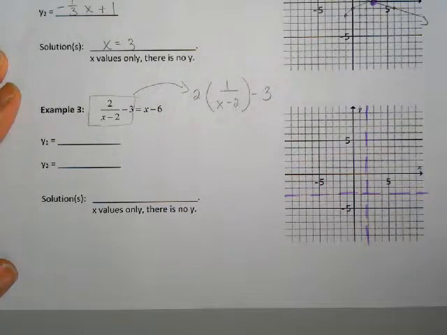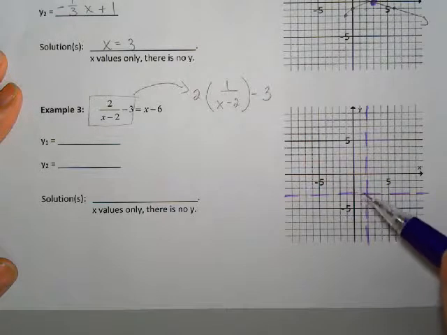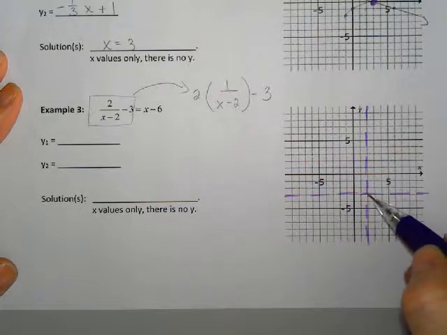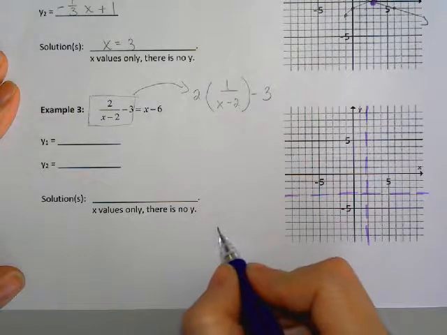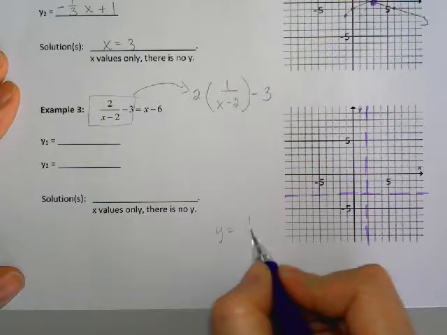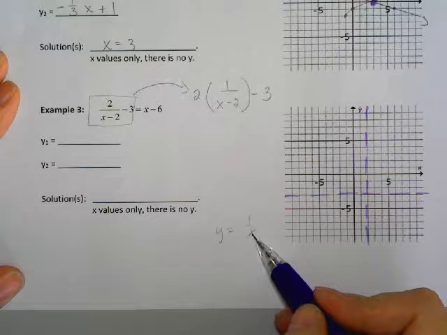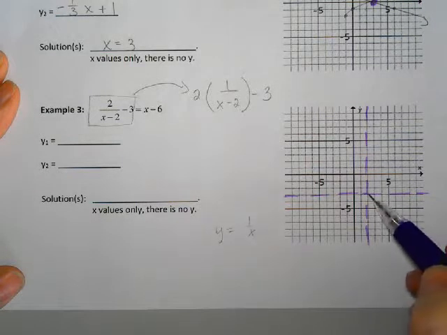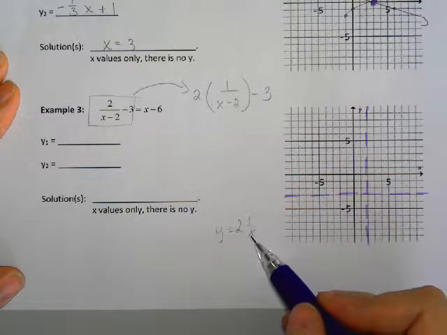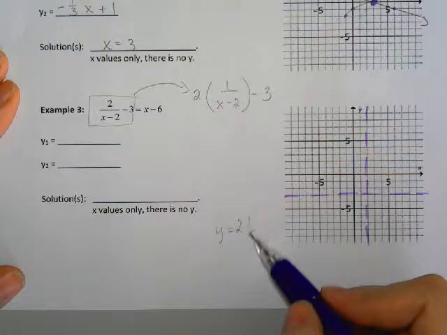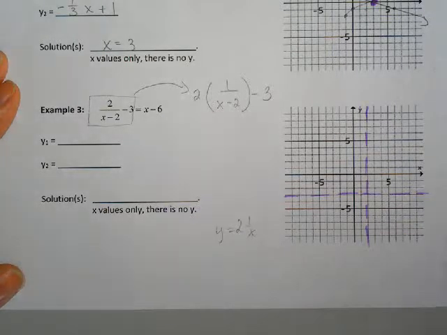So a normal hyperbola is going to go from your point of intersection out 1 and up 1, because our normal one is y equals 1 over x. So if I put 1 in here, I'm going to get 1 for y. Now, if I have a 2 in front of that, and I put in 1 for x, then I'm going to get 2 for y.